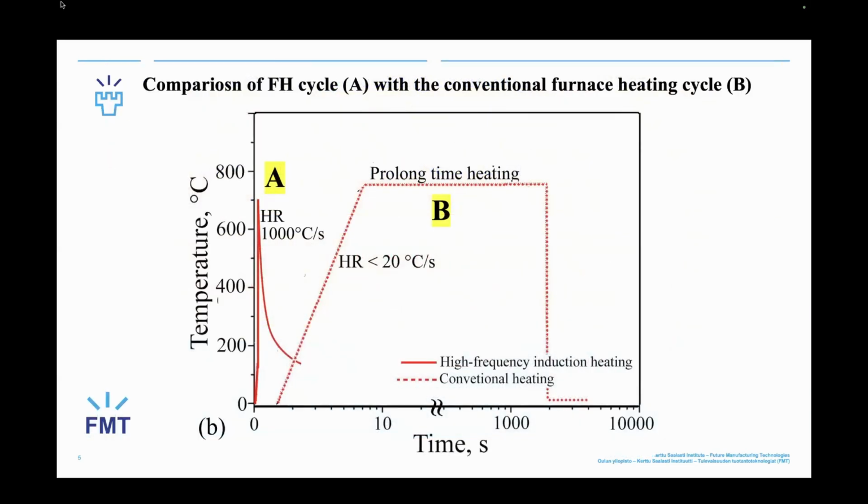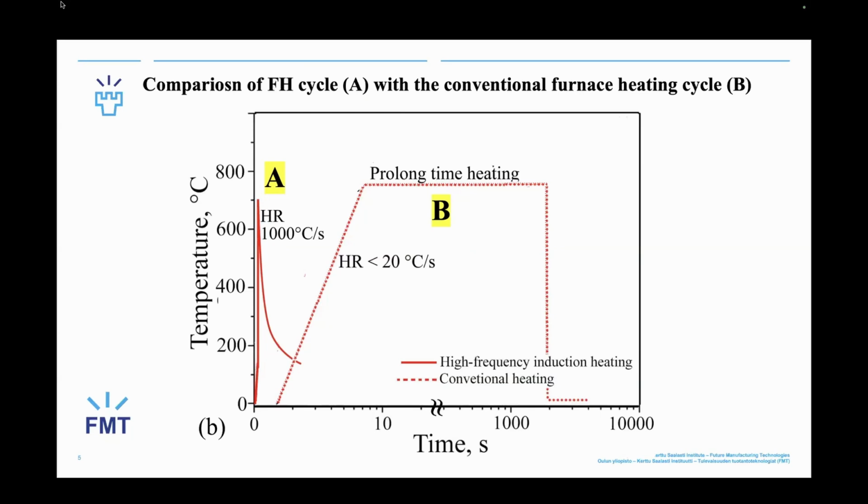This schematic drawing shows the comparison between the conventional heating process and flash annealing. For cycle A, you can see a very fast heating rate that can reach 1000 centigrade per second, and holding can be 1 second or without holding, and then fast cooling. The cooling rate can also reach 500 or 1000 centigrade per second.